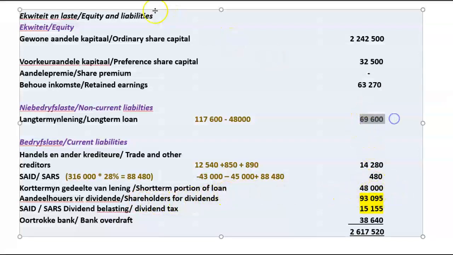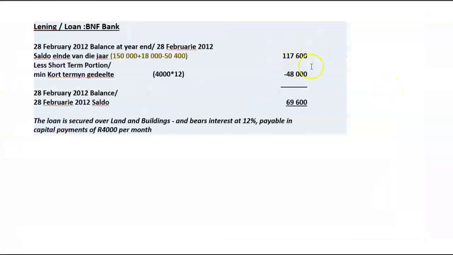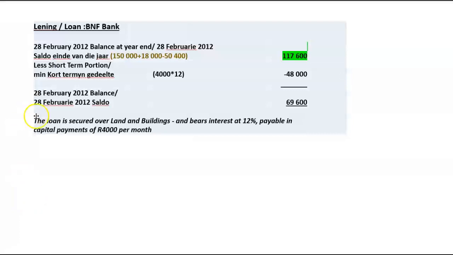That 69,600 plus that 48,000 is going to be equal to your total outstanding loan at the end of the year of 117,600.